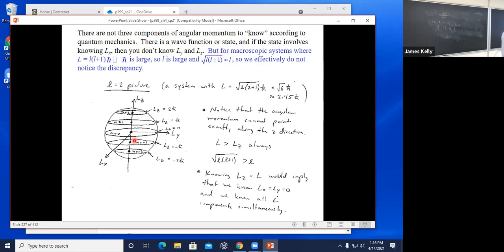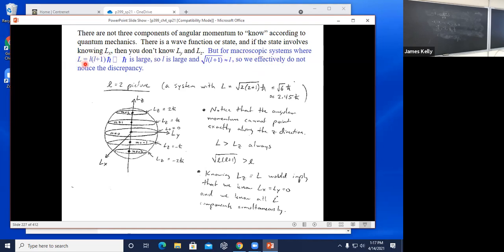And you can kind of see here from these circles, they're trying to display that as Lz gets bigger, the radius of the circle gets smaller, which means there's less uncertainty in Lx and Ly, right? Here's the Ly axis, here's the Lx axis. So as Lz gets to the top rung, there's less uncertainty in Lx and Ly, but there's always uncertainty in Lx and Ly. And also Griffiths mentions that for macroscopic systems, this doesn't seem to make sense.